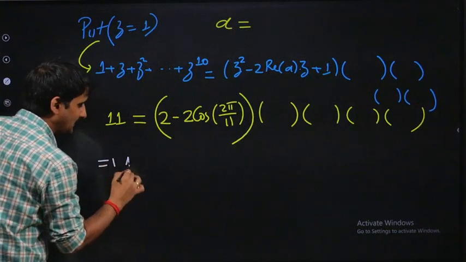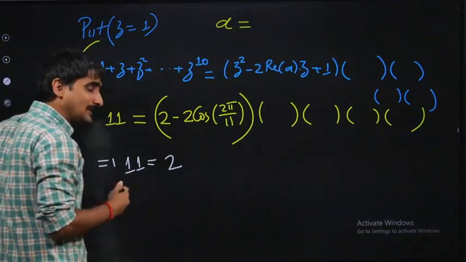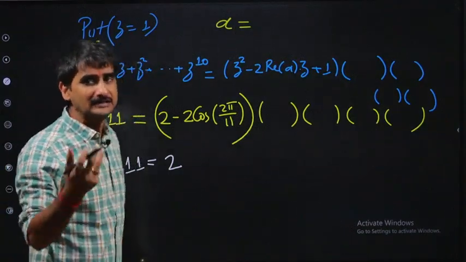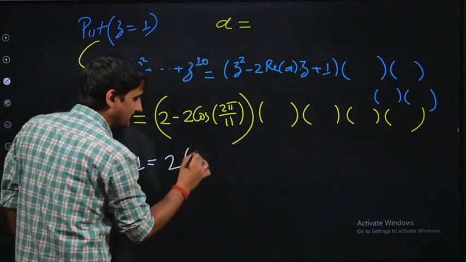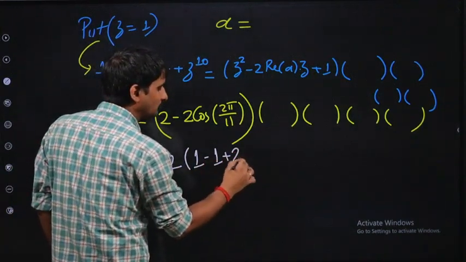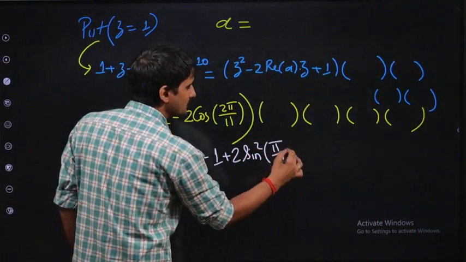So we have 11 is equal to, take 2 common, we have 1 minus cos 2 theta, theta is pi by 11. So to remove 1, we will replace it with 1 minus 1 plus 2 sine square theta, theta is pi by 11. What does that mean?